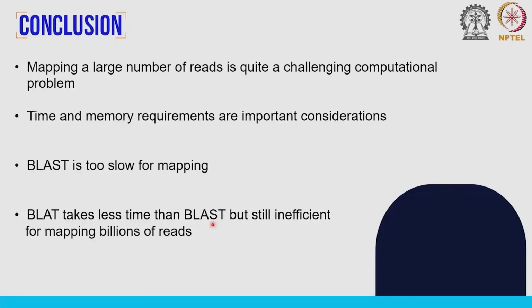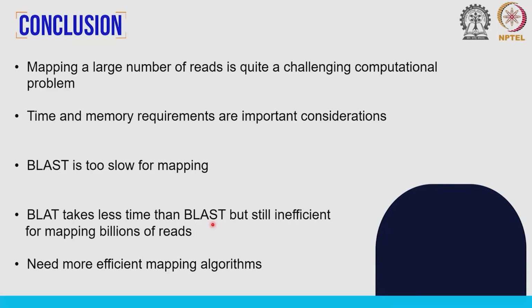We have seen an improvement over BLAST, which is BLOOD. It takes less time than BLAST, but it is still inefficient if you are going with billions of reads. This means we need more efficient mapping algorithms, and this has developed with the advancement of sequencing technology.